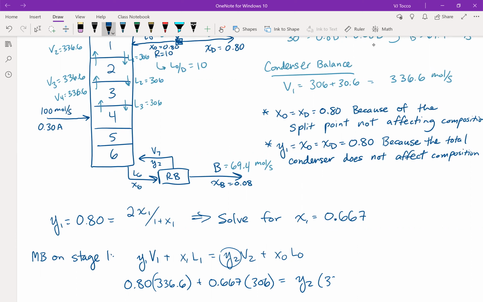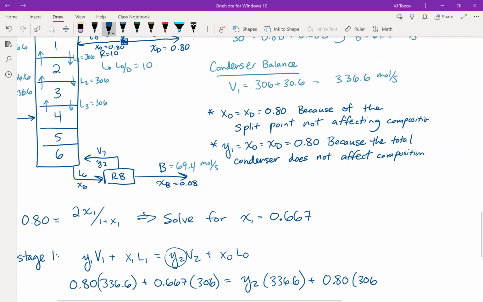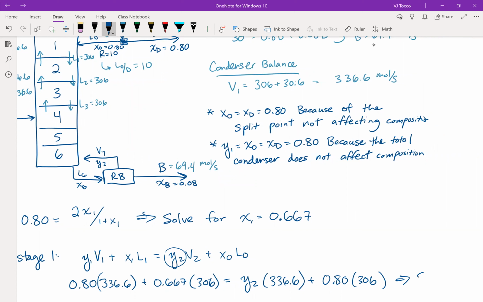V2 is 336.6 plus X naught is 0.80 and L naught is also 306. So you should be able to solve this one now for Y2. Solve for Y2. And this is equal to 0.679.